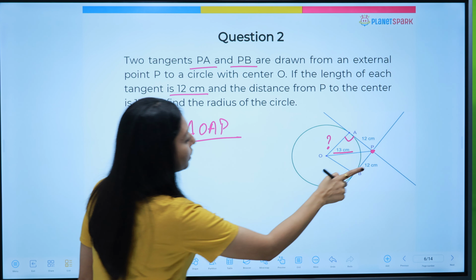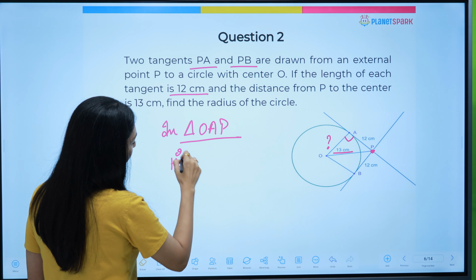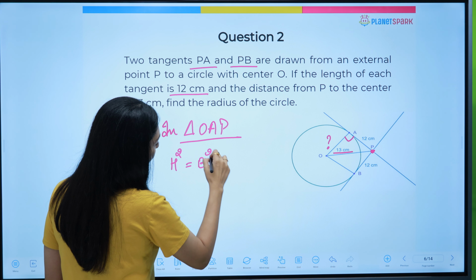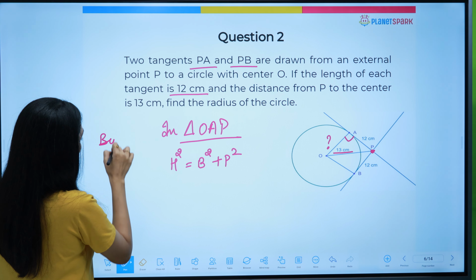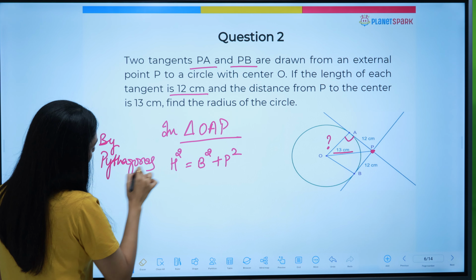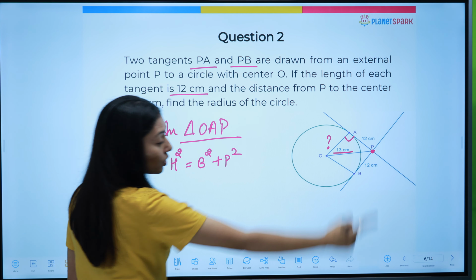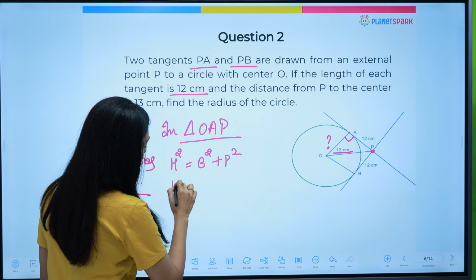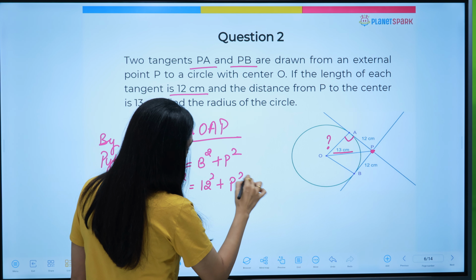That gives us the relation between the hypotenuse, the base and the perpendicular. That is, hypotenuse square is equal to base square plus perpendicular square. Right? You can mention it here by Pythagoras theorem. Right. So hypotenuse is what? The side opposite to the 90-degree angle. That is 13. So 13 square is equal to 12 square plus p square.